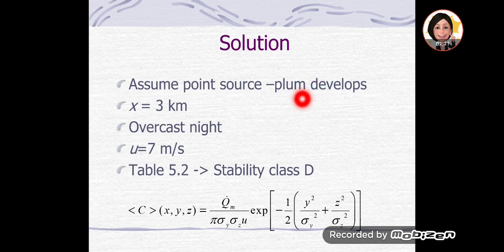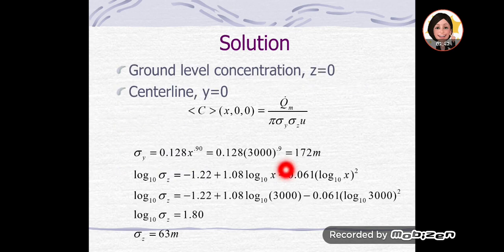So it's a plume, and it's a 3 kilometer distance, the x. Then you have a velocity, and it's an overcast night, so it's stability class D, and we've decided which equation to use at ground source. First things first, at ground level, the Z is 0.